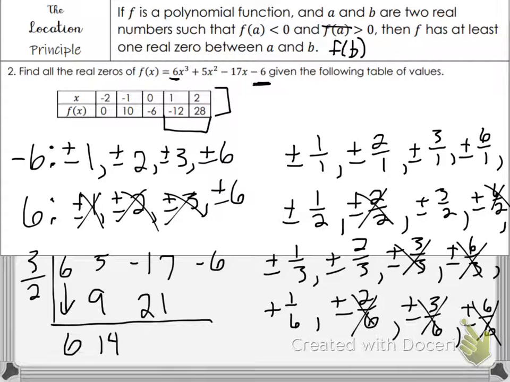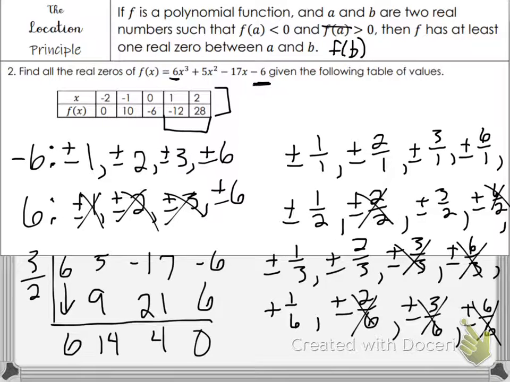Negative 17 plus 21. 4. 3/2 times 4. 2 reduces to 1. 4 reduces to 2. What's 3 times 2? 6. Negative 6 plus 6? 0. So is 3 over 2 a solution? Yes, it is.